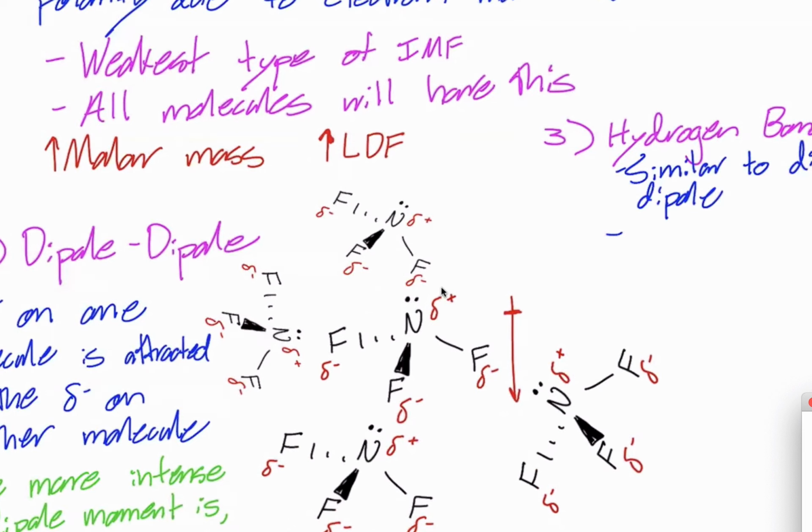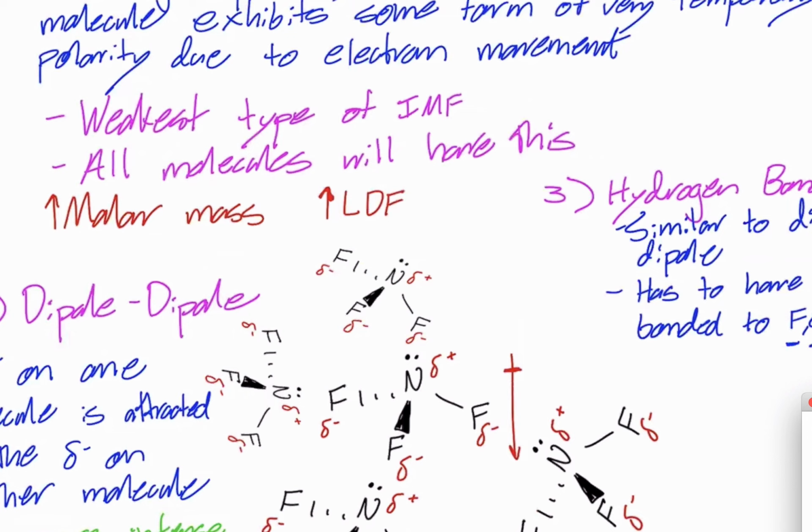What has to happen is there has to be a hydrogen bonded to either fluorine, oxygen, or nitrogen. I just remember the acronym phone, right? So a hydrogen has to be bonded to a phone, and that phone is either fluorine, oxygen, or nitrogen.